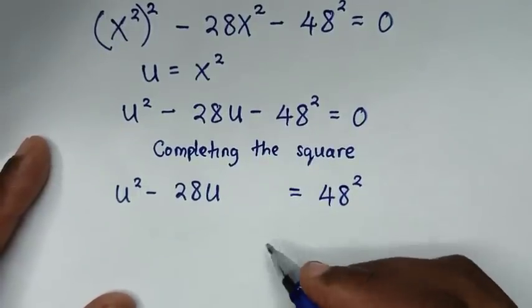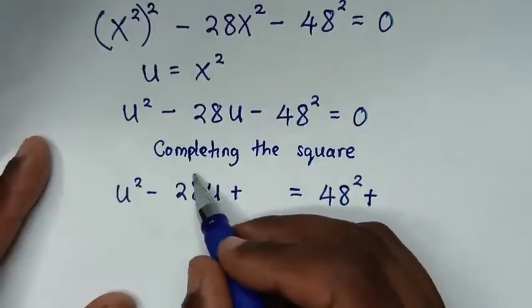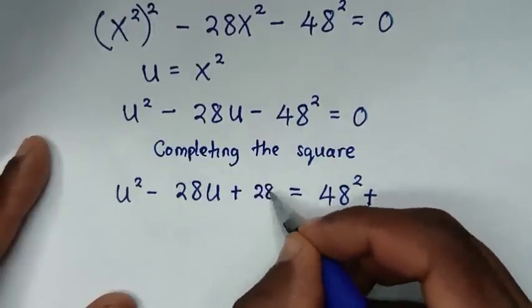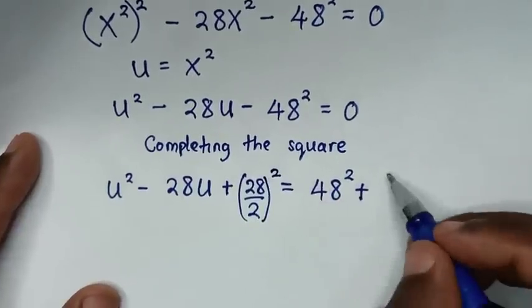So by completing the square, we'll be adding on both sides the square of half of this, so half of 28 is 28 over 2, bracket squared. We add this also on this side.